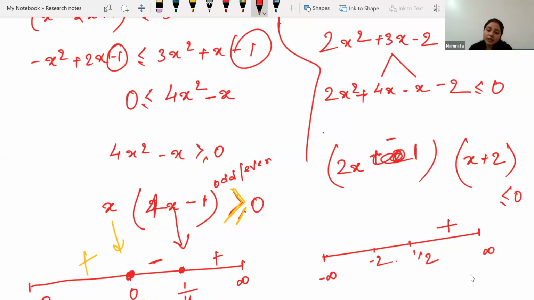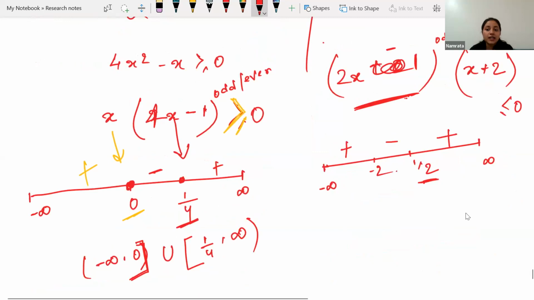So at first we will write plus sign, and then we reached 1 by 2. Is its power odd or even? Its power is odd. So we have to change the sign, and we got the interval. We need less or equal to 0. So negative one, this one and this one we will be taking.